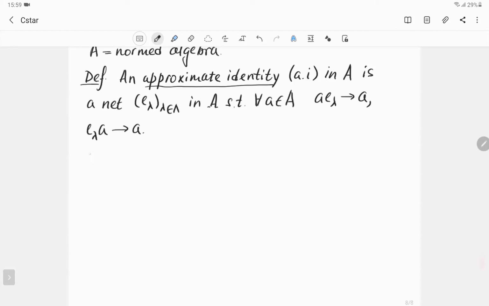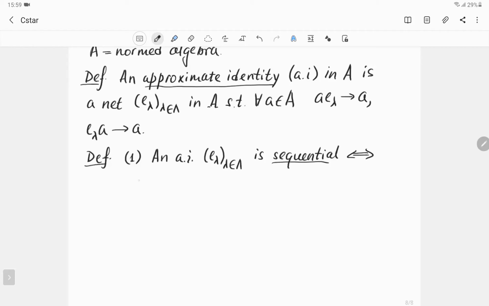And let's also look at the following two special properties. Property 1, we say that an approximate identity E lambda is sequential if lambda is the set of natural numbers, and the order relation is the usual order relation on the natural numbers.